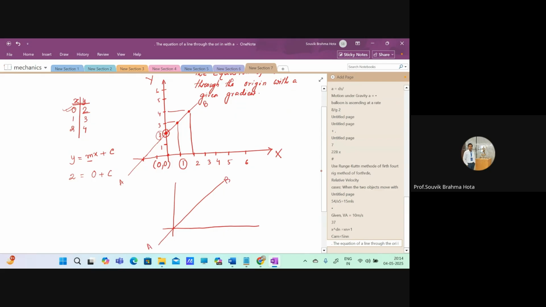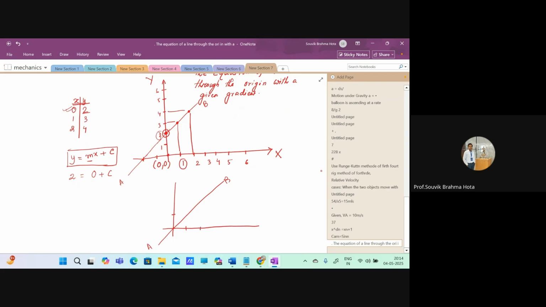Now it is passing through 0 comma 0. So what will be the equation of this line if you follow this format? At 0 comma 0, y is equal to 0, then x is also 0. At that point y is equal to 0 means x is 0.